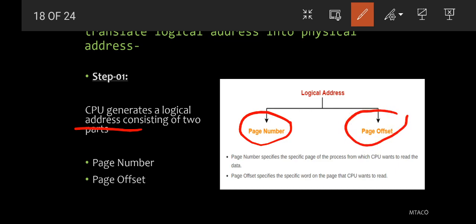Your page number specifies the specific page of the process from which the CPU wants to read the data, while the page offset specifies the specific word on the page that the CPU wants to read. Ana na siya for logical address.